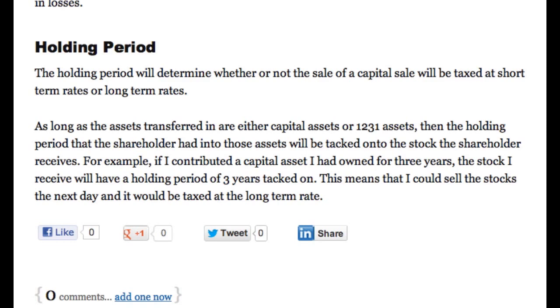For example, if I contributed a capital asset that I had owned for 3 years, the stock I receive once I contribute that asset to the corporation will have a holding period of 3 years tacked on, as if I had owned the stock for 3 years. So the next day after the contribution, hypothetically, I could sell the stock and it would be taxed at the long-term rate, as if I had owned it for 3 years, like I owned the property that I contributed to the corporation.